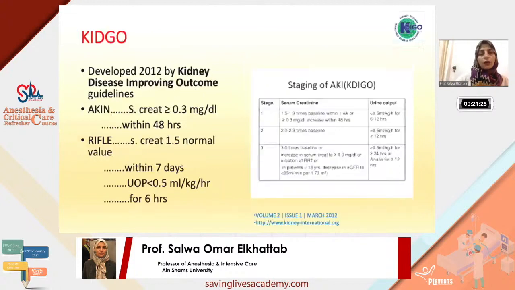Another and the most recent classification is KDIGO. It's Kidney Disease Improving Global Outcomes. Sorry for this mistake in the abbreviation.